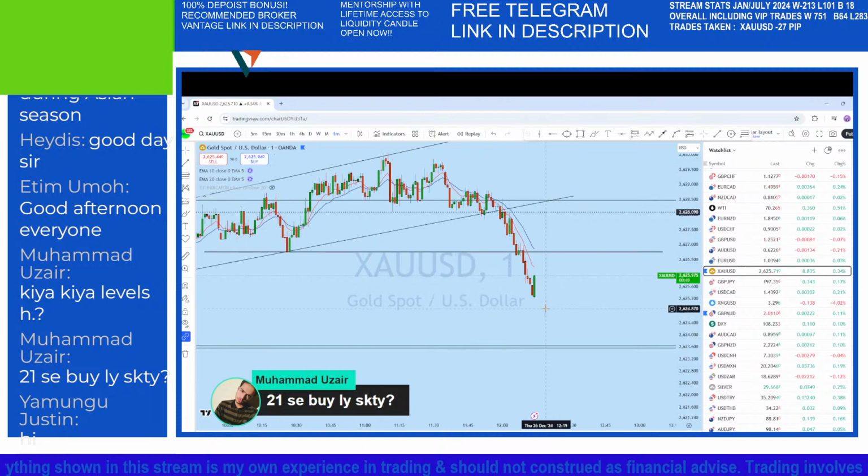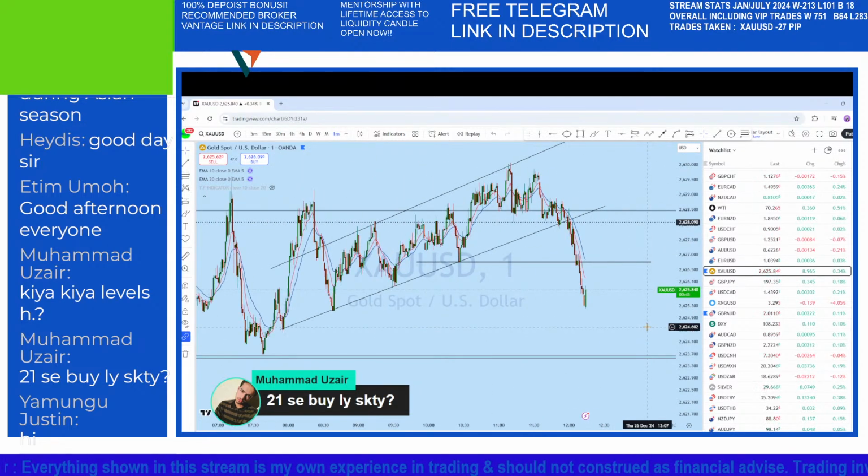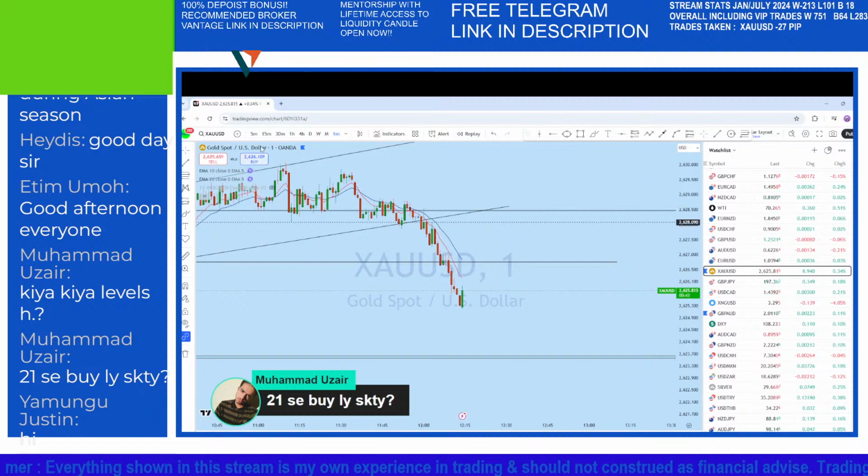Okay, so here one bullish candle is being formed. The market dropped well below this level.